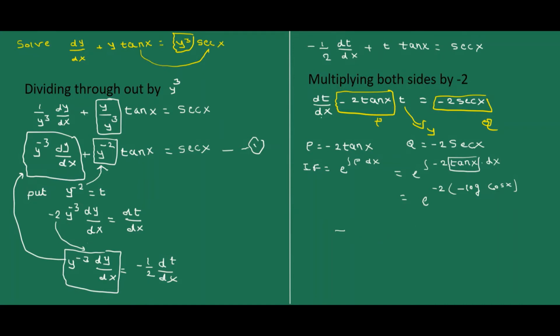Now minus into minus is plus, so e raised to 2 logarithm of cos x, that is e raised to log cos square x, and e raised to log cancels, leaving only cos square x.